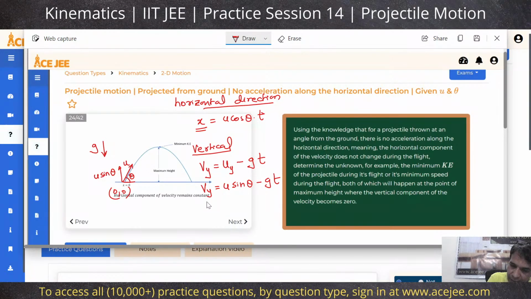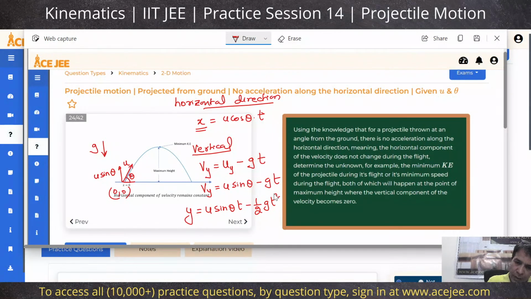Now, as far as the displacement in the vertical direction, we have y is equal to u sine theta times t minus half gt square. Minus because acceleration is acting downwards.